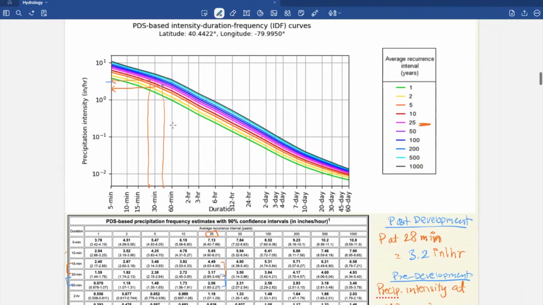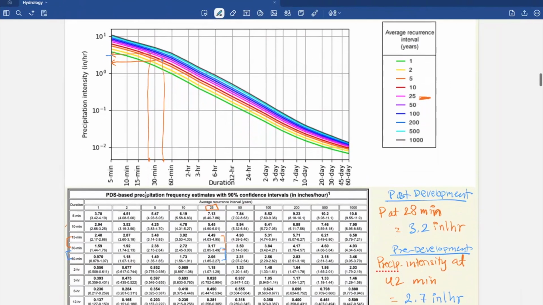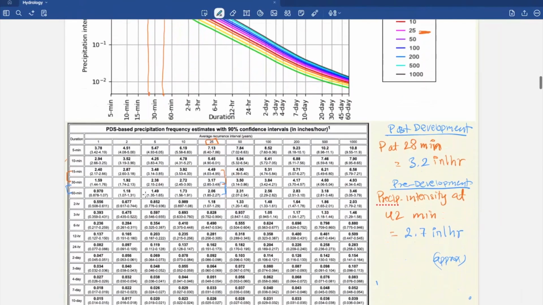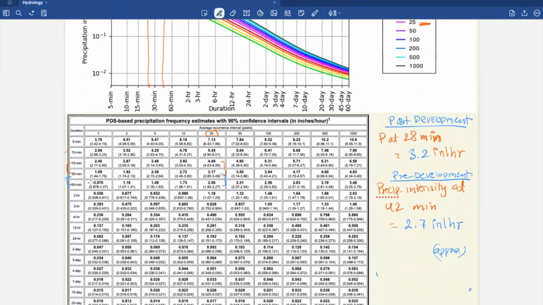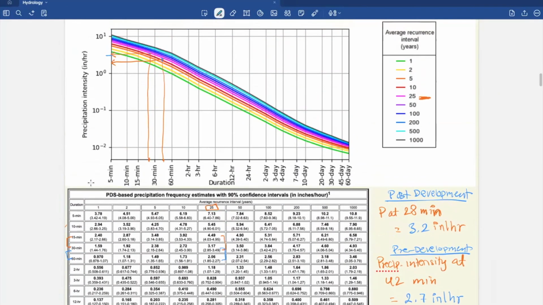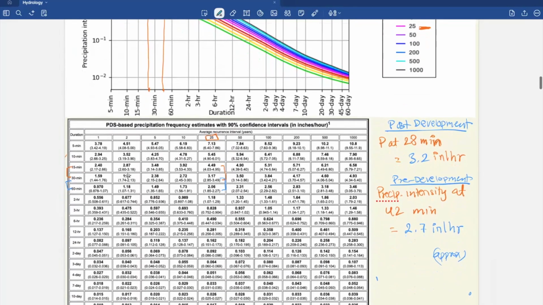Since we don't have 42 and 28 minutes here, we need to do some interpolation. You can do it either way, using this graph as well as this table.